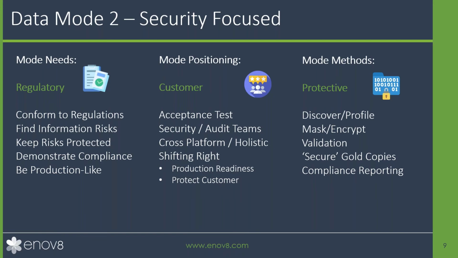And from an execution methods perspective, I think the key word here would be protective. I'd be looking to implement methods to automate risk discovery and data literacy. I'd be looking to implement consistent methods to mask or encrypt the data. I suggest we have automated validation or test routines to check that the end data is indeed secure.